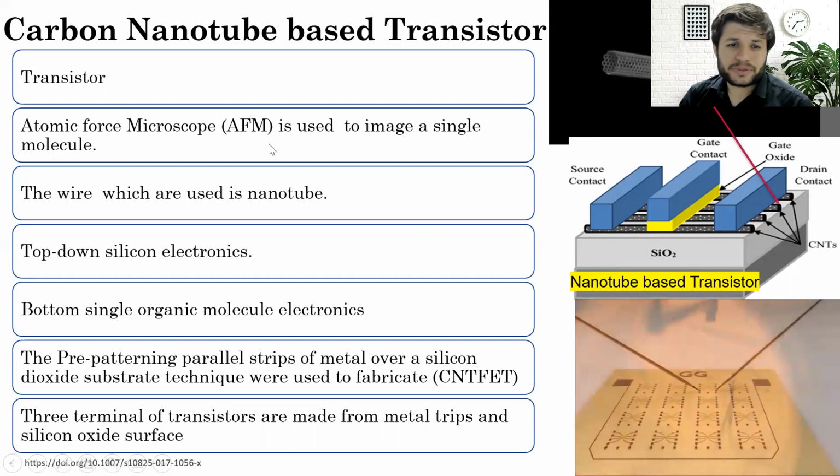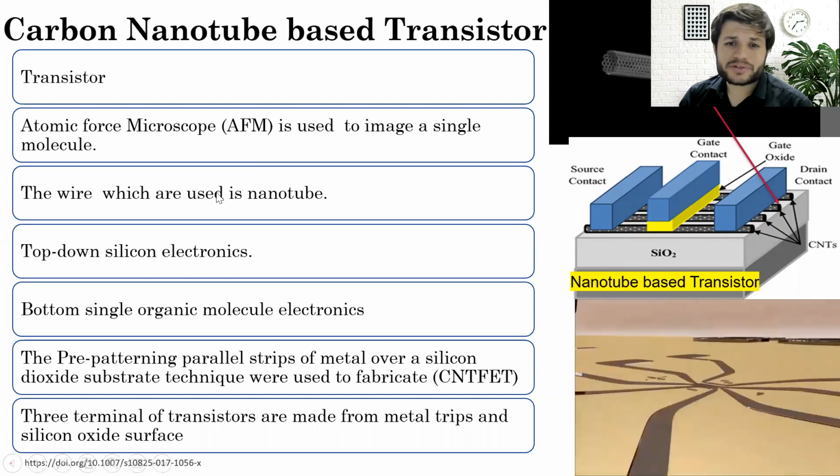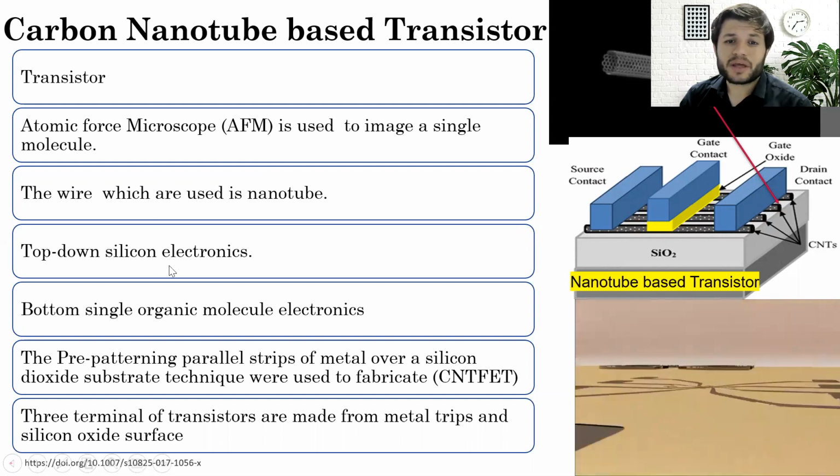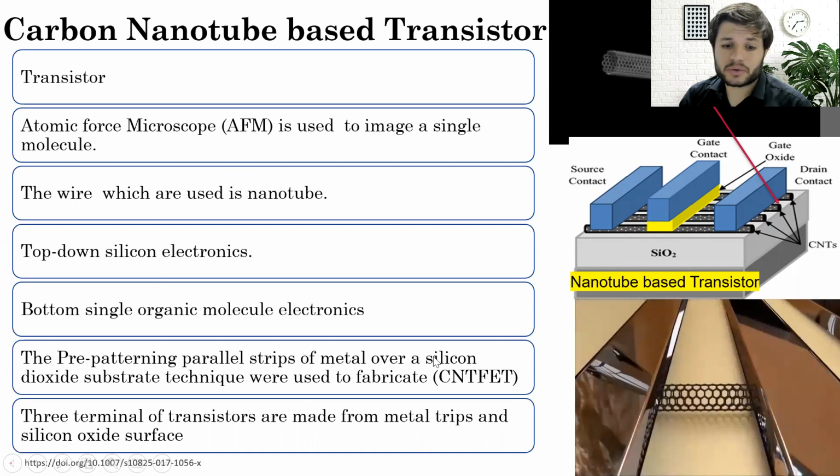The principle of a carbon nanotube transistor is based on pre-patterning parallel strips on a metal or silicon oxide substrate. Techniques were used to fabricate carbon nanotube field-effect transistors, which were then deposited in a random pattern on top.